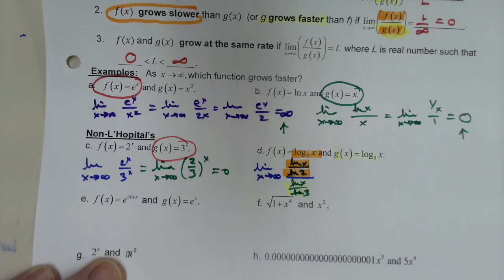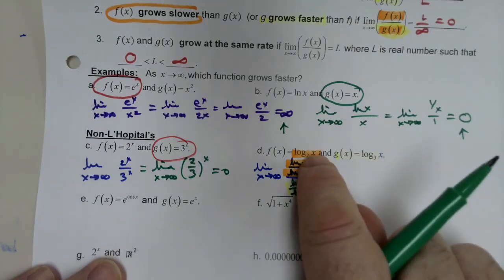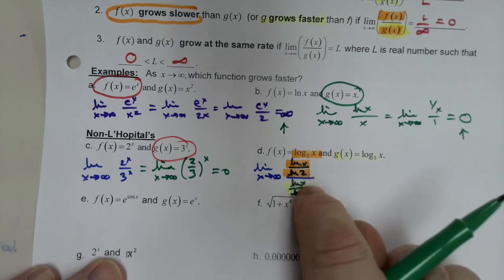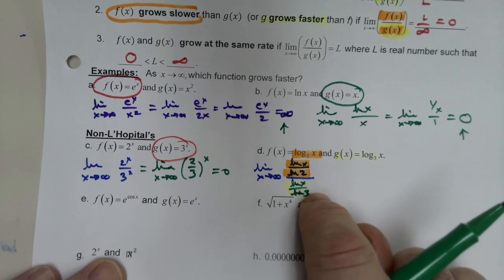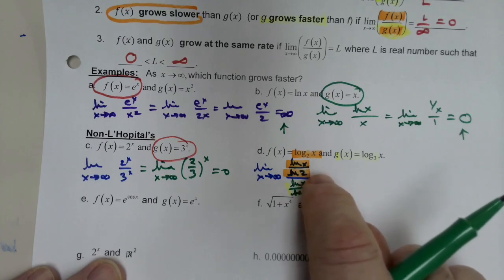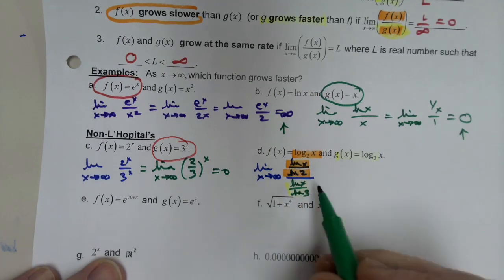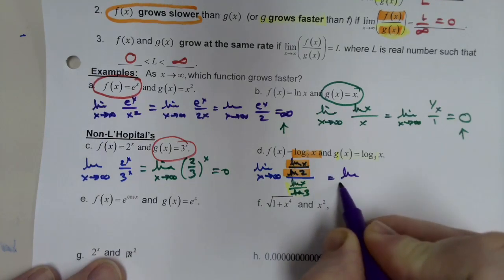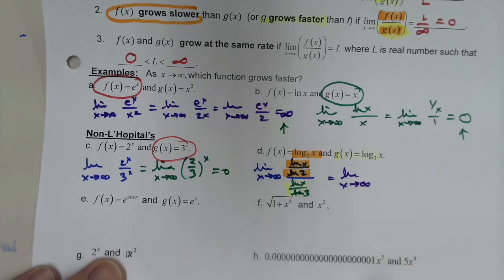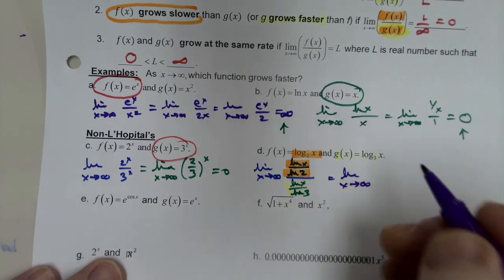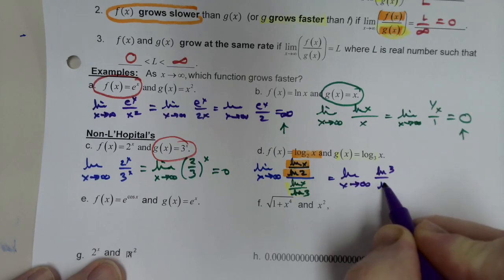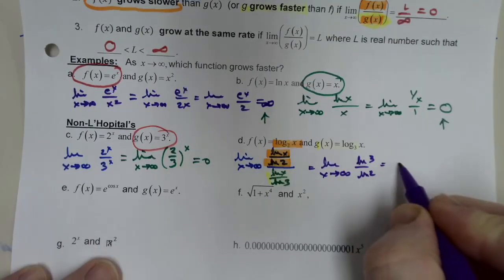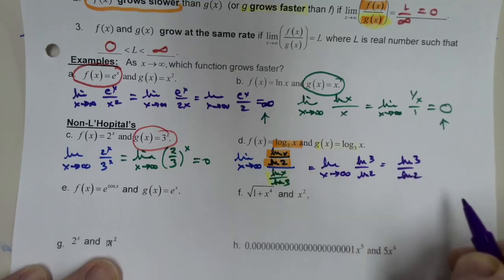Now, applying our algebra, natural log of x divided by the natural log of x is going to be a 1. And then this one down here is in the denominator. And we're dividing that, which would be the same thing as multiplying by the reciprocal. The limit as x goes to infinity of this one would just be the natural log of 3 divided by the natural log of 2.